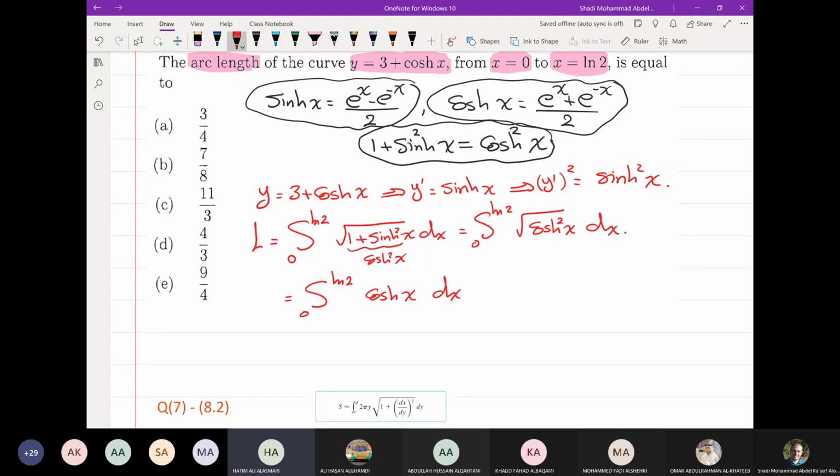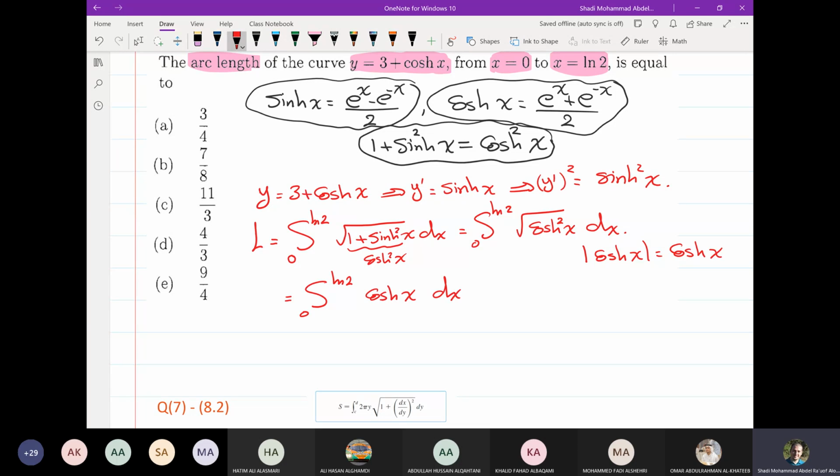Usually, what is the root of x square, guys? In general, we take the absolute value. Why didn't you take the absolute value? Because cosine hyperbolic is positive. In general, you have to take the absolute value, but Hatem didn't, because the absolute value of cosine hyperbolic x is always positive, so it will always be cosine hyperbolic x.